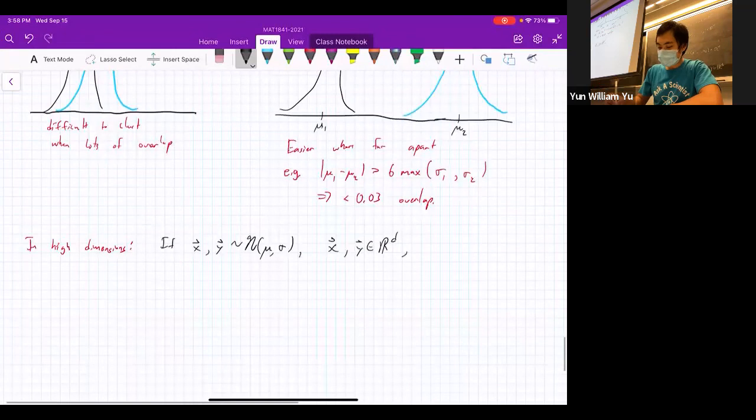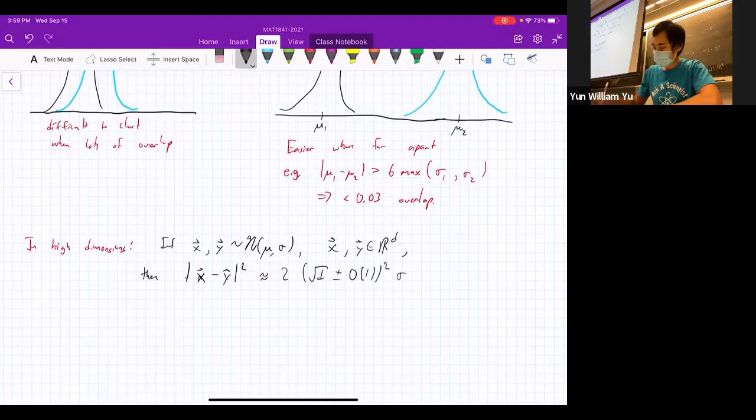If they're drawn from the same distribution, then we know that the distance between the 2 points is approximately twice the radius of the Gaussian, because we know that almost all points are near the radius, right? And we also know that almost all points are orthogonal because we're in a high dimensional space.